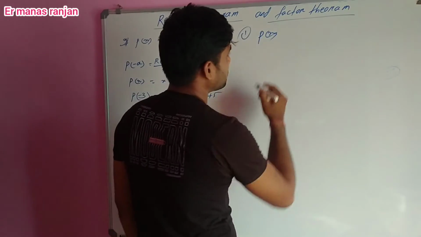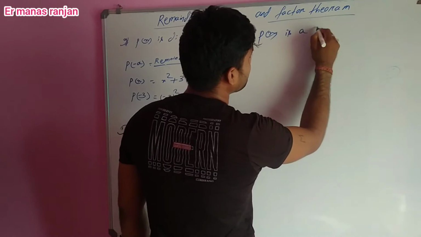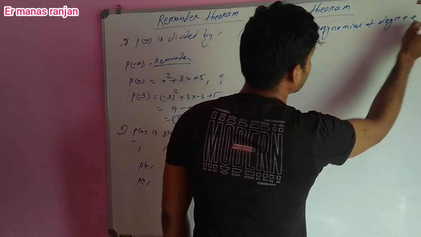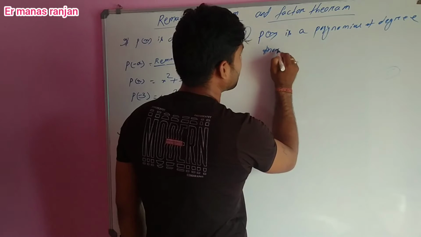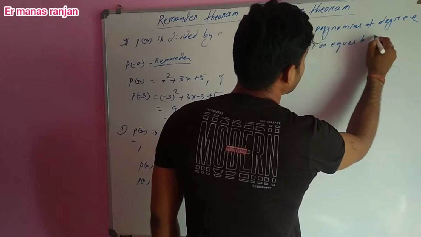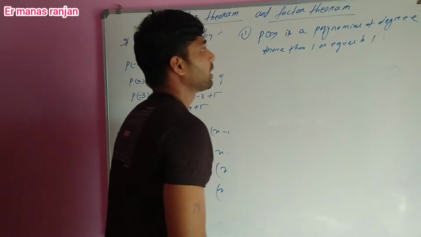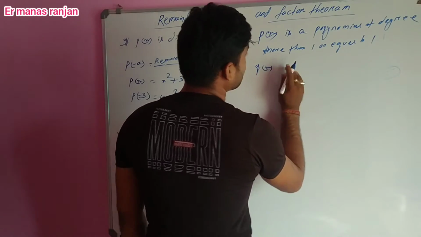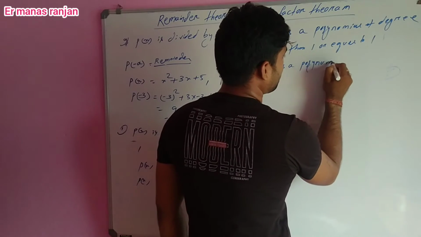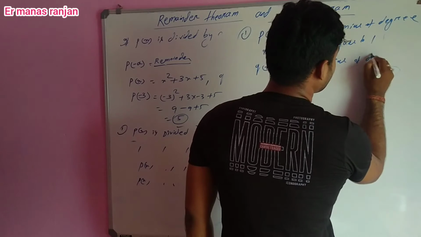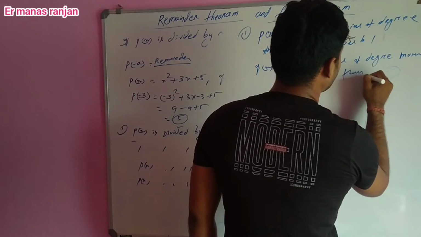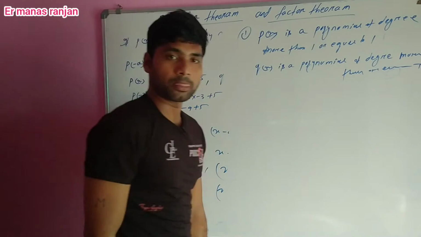P of x is a polynomial of degree more than or equal to 1, and Q of x, the divisor, is also a polynomial of degree more than or equal to 1. Okay?